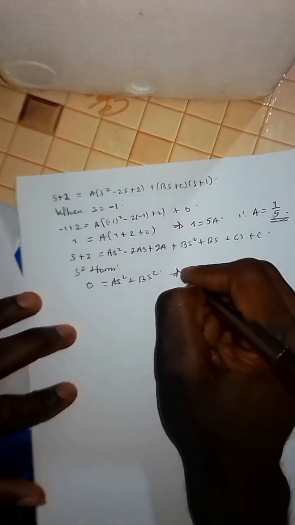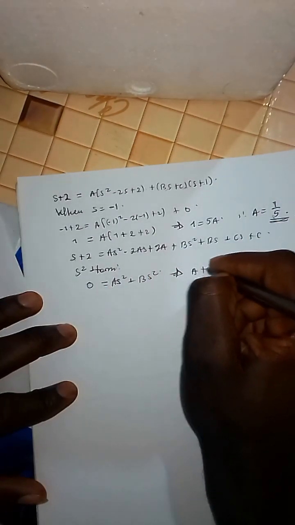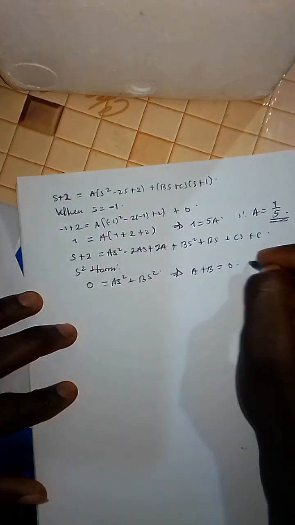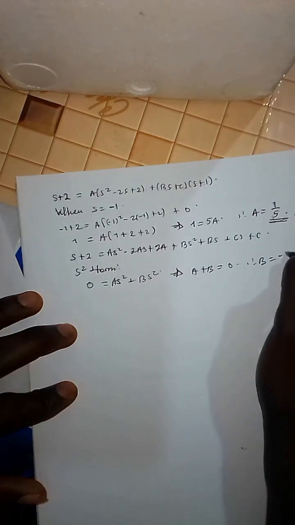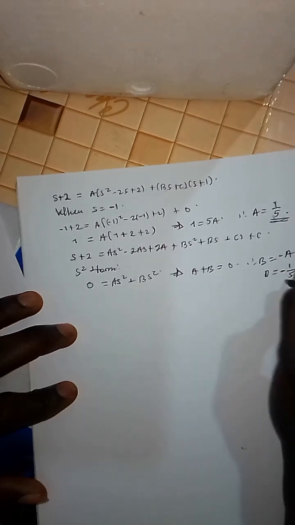This implies that we have A + B to be equal to 0. Therefore, B is equal to -A.